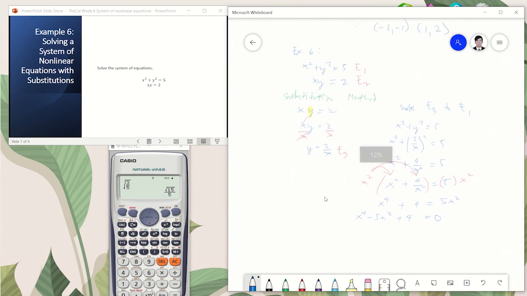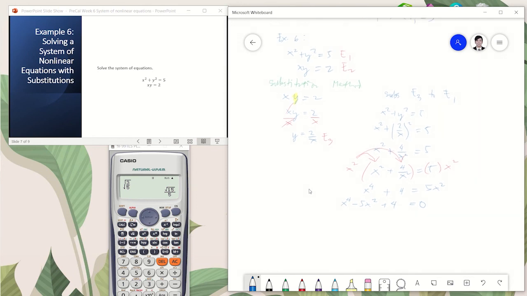Now, you need to factor this. So how will we do that? Same as before, it's expected that there are two binomials as a result. So x to the power 4 would be x squared times x squared perhaps. And this is really more on trial and error, so you really have to be wise in finding the result.